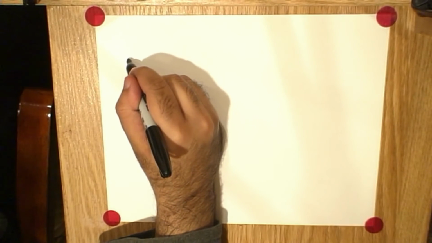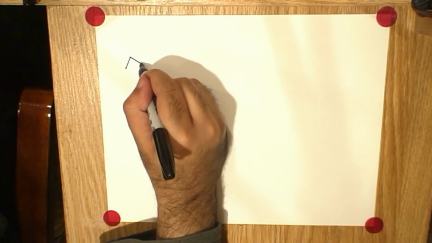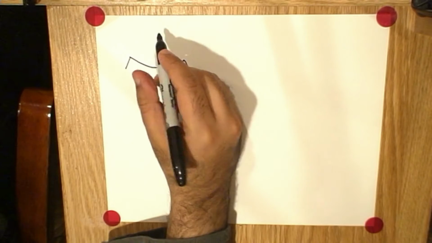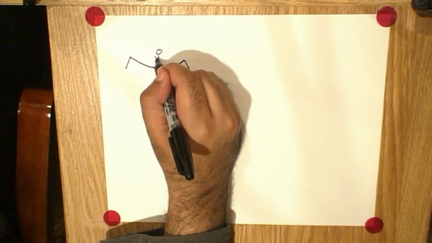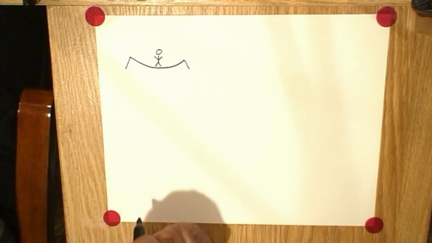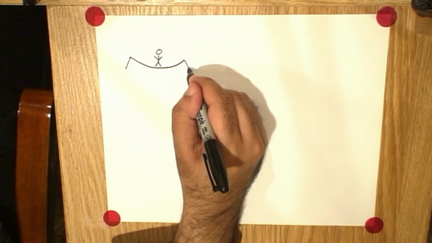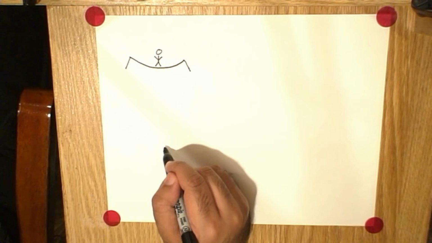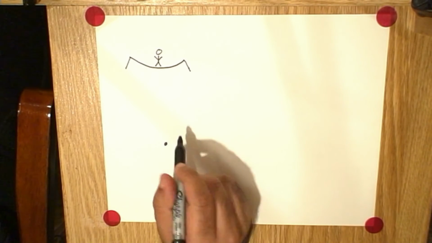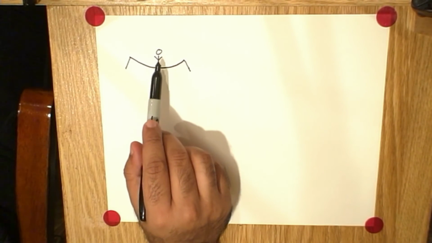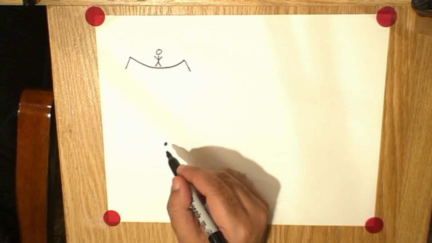In this question, we were given a trampoline and a person who is jumping on said trampoline. Let's draw the force balance in this case. The person would feel a weight downwards.